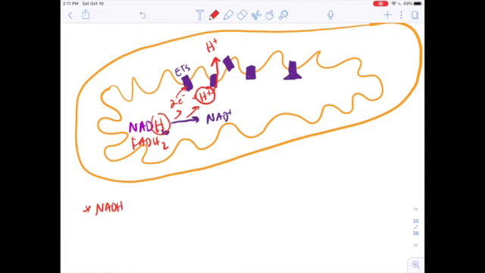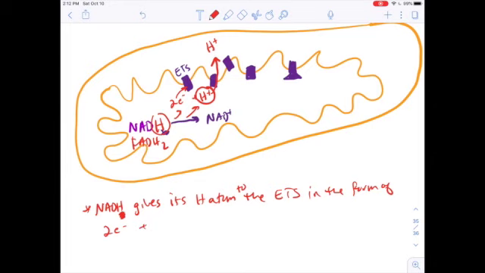NAD, and I can't color code all of these sentences here, but NADH, which got its hydrogen from glucose, gives its hydrogen atom to the electron transport system or electron transport chain, whichever you want to call it, in the form of those 2 electrons and a proton.